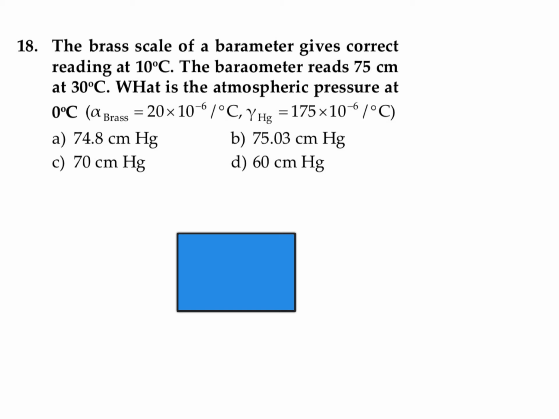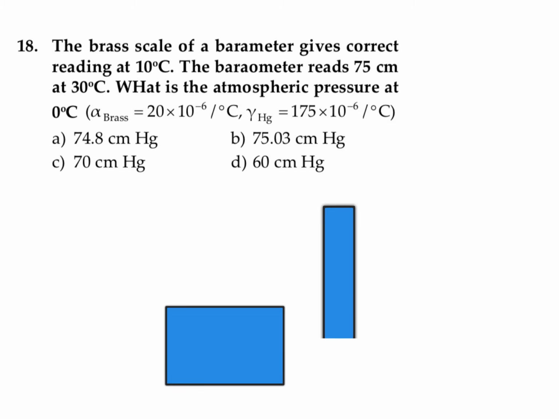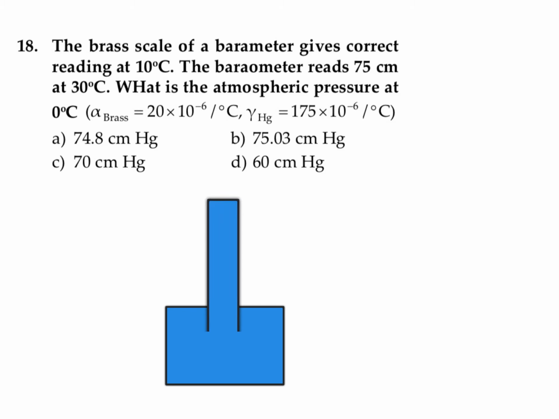For the measurement of atmospheric pressure, we take a container which consists of some amount of mercury in it. Then we take another container or a test tube which consists of mercury, and we put this one inside this. Because of the weight of mercury, some amount of mercury column will come down.